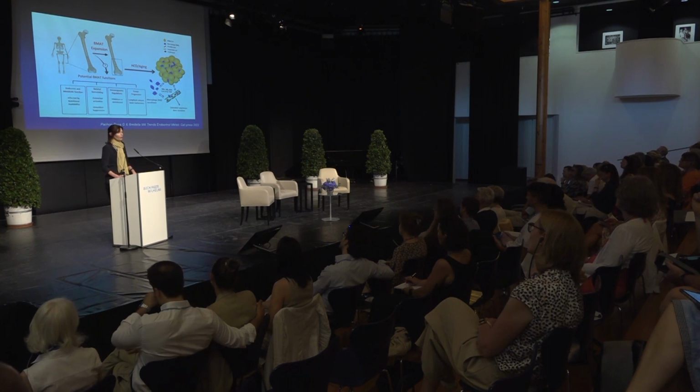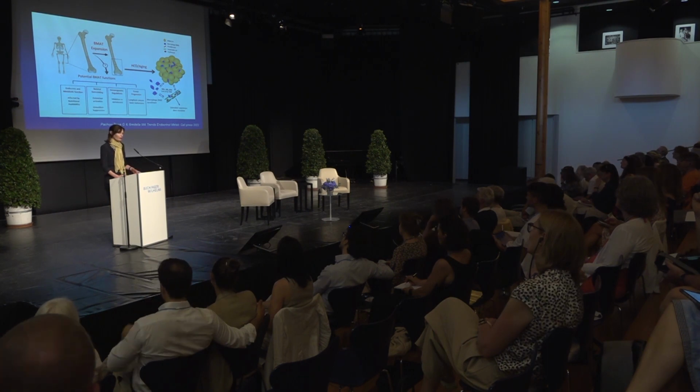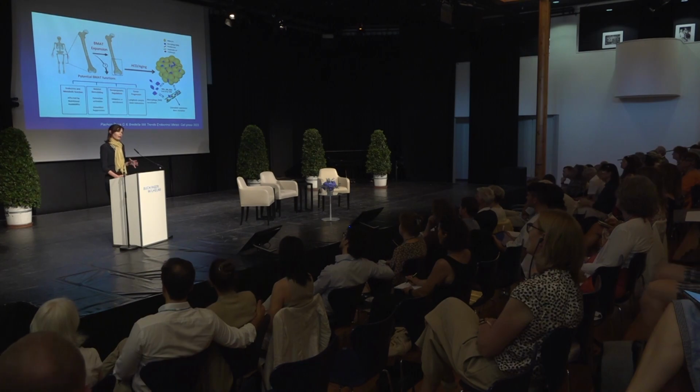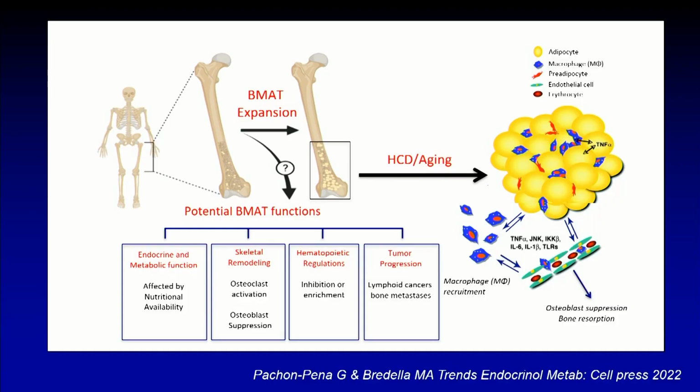For example, with high caloric feeding or aging, the marrow adipocytes increase and they secrete a lot of inflammatory cytokines, for example, tumor necrosis factor or interleukin-6, which then activate osteoclasts. So these are the cells that resorb bone, and they suppress the osteoblasts. These are the cells that lay down bone. And this can then lead to bone loss.